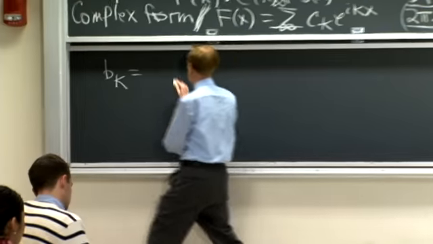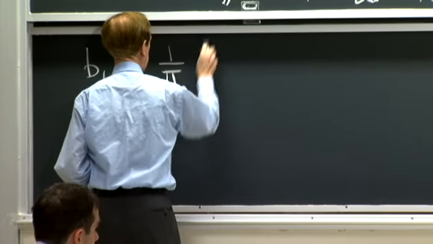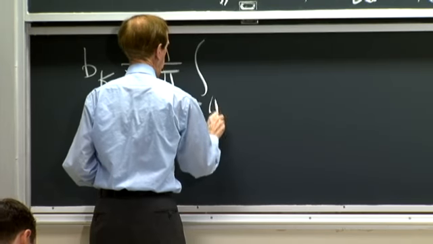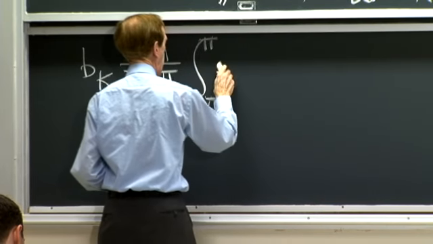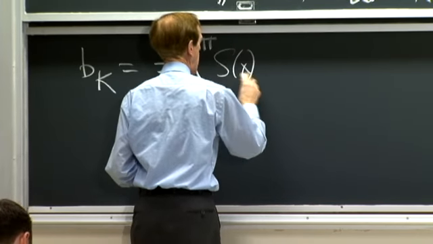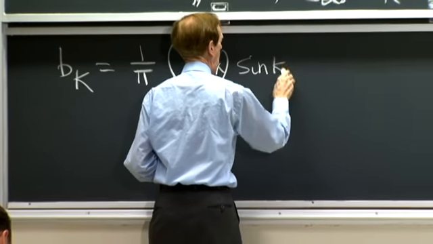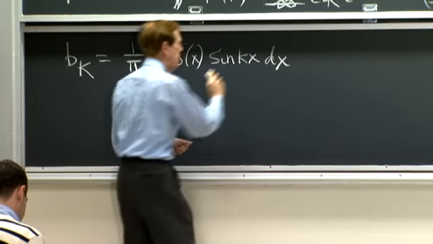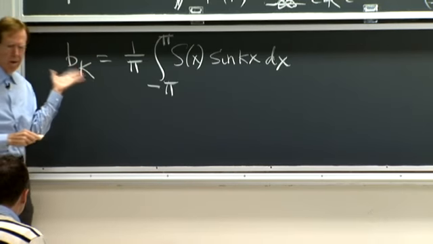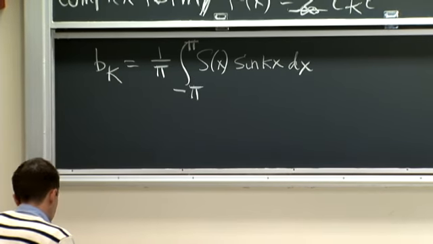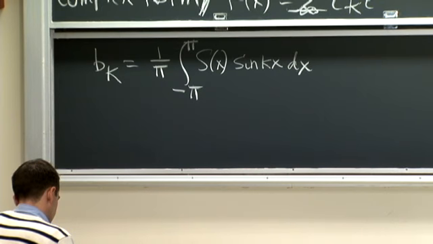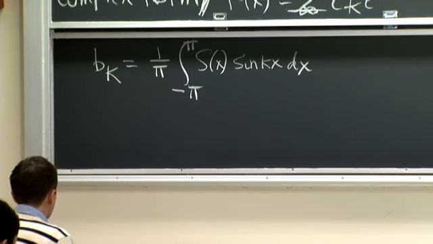So I divide by pi, and I get the integral from minus pi to pi of my function times my sine. That's the model for all the coefficients of orthogonal series.